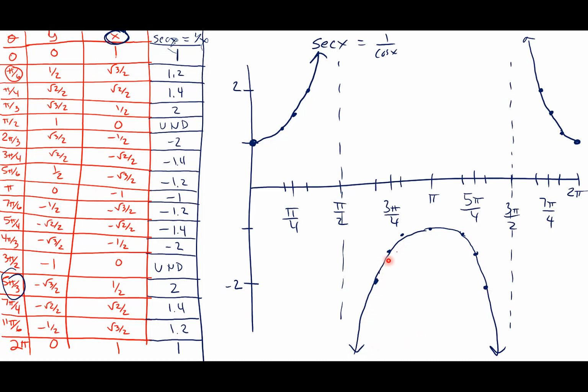Connecting these dots together leads us into a downward horseshoe, arrows at the end, and there's our break in our graph. If you go beyond pi over 3, our dots are at 2, 1.4, 1.2, and 1. And at that point you are connecting those dots together. So there it is. There's our graph for secant.